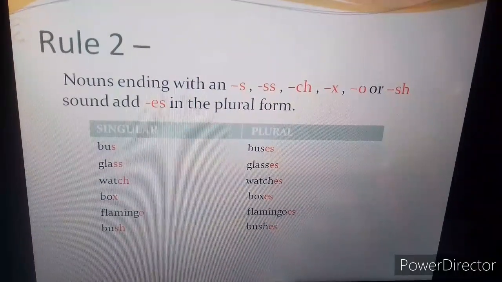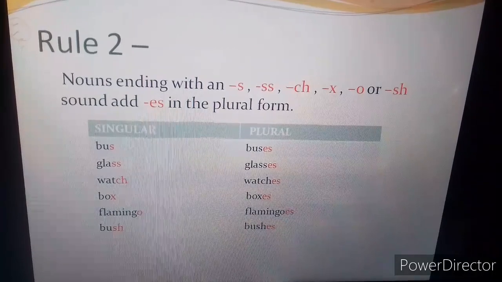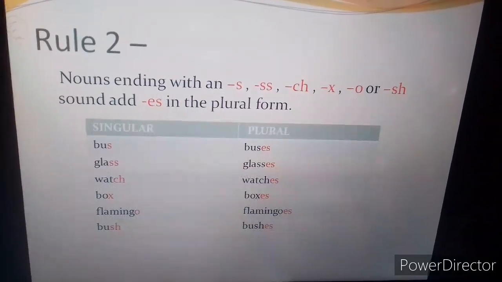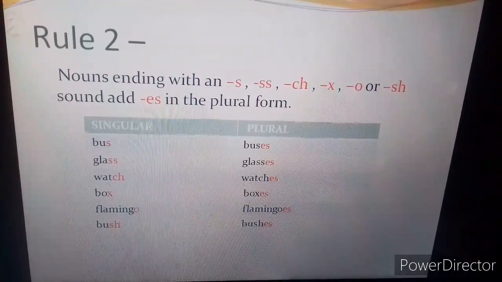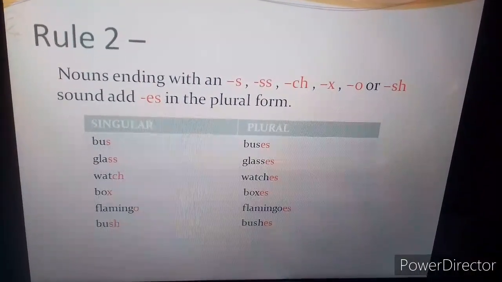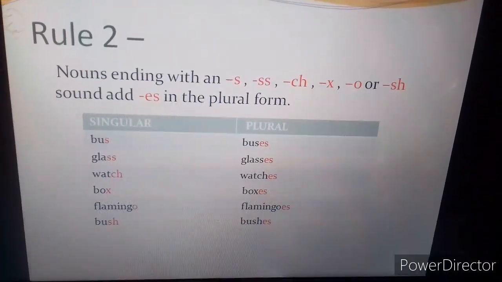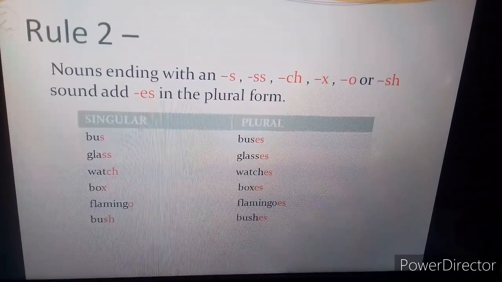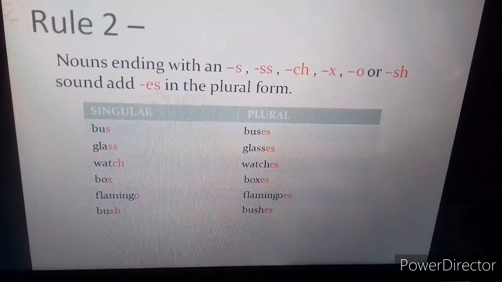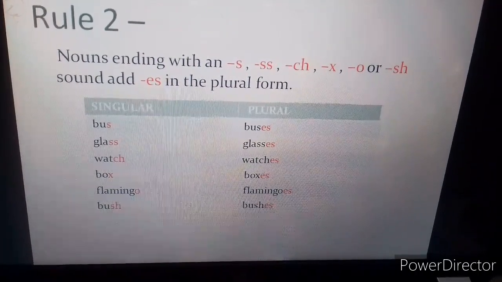Let us see rule number 2. Rule number 2 says nouns ending with an s, ss, ch, x, o or sh sound add es in the plural form, which means that all the nouns that end with s, ss, ch, x, o or sh will be made into their plural form by adding es.